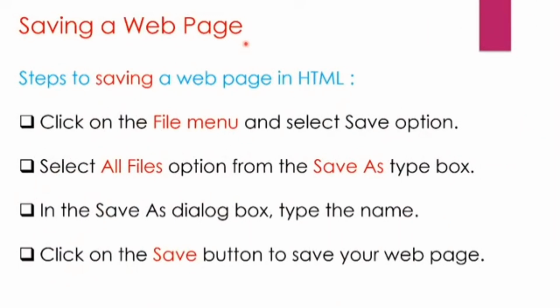Saving a web page. To save a web page, click on the File menu and select the Save option. Select All Files from the Save as type box. In the Save As dialog box, type the name. Click on the Save button to save your web page.